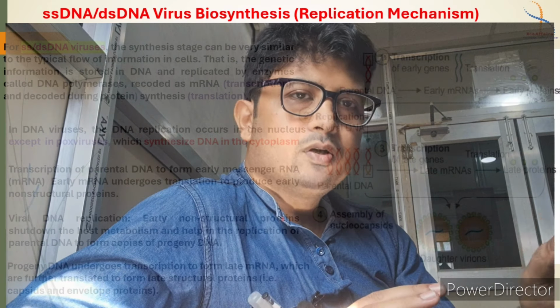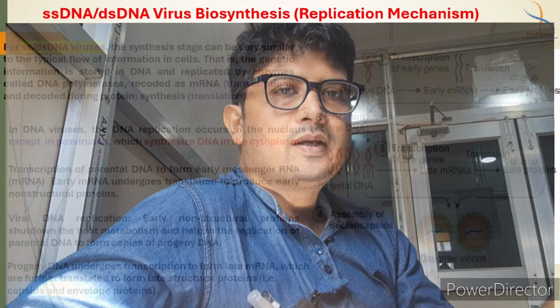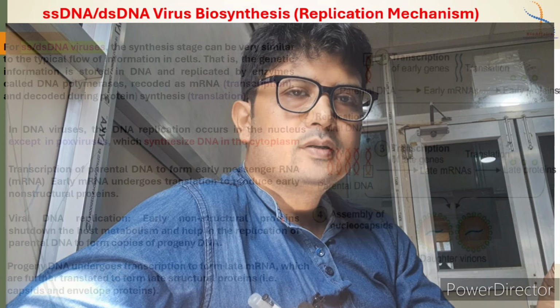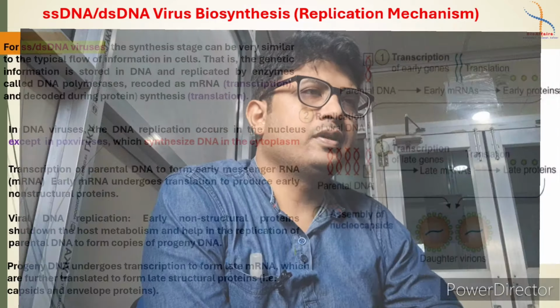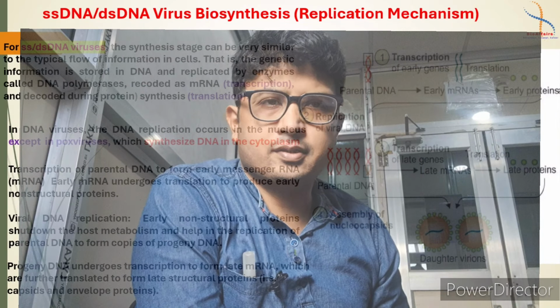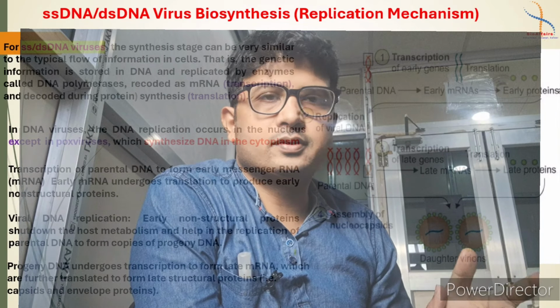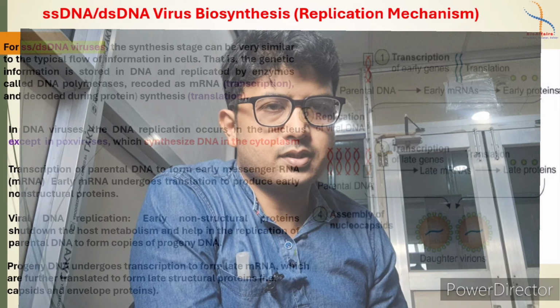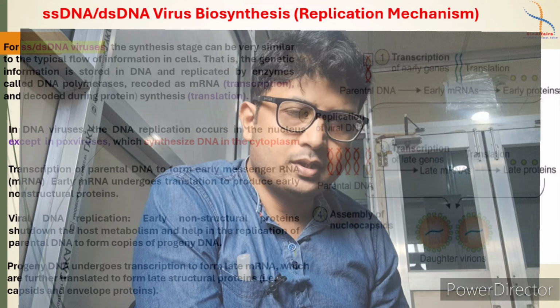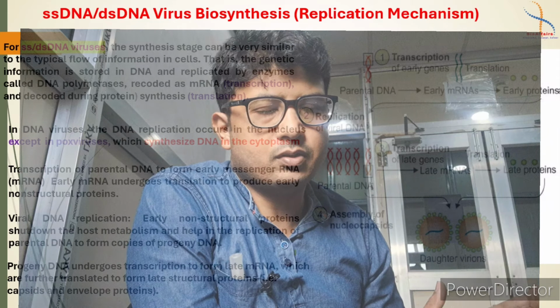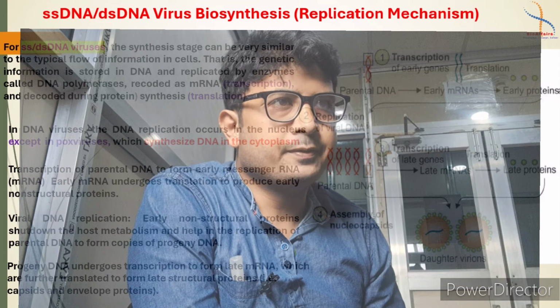So the virus replication pattern can differ this much. One by one, slowly, I will cover each segment. The first variety of replication is single-stranded DNA and double-stranded DNA. Whatever I describe here applies to either double-stranded DNA viruses or single-stranded DNA viruses.